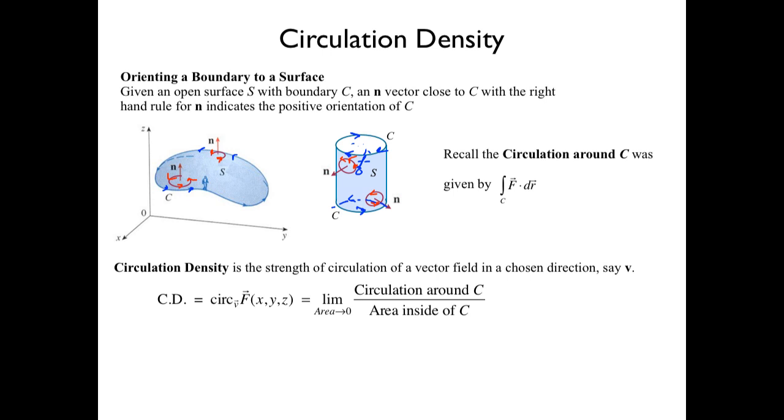So what does this mean? It means that the smaller your area, combined with the larger amount of circulation, would result in higher strength of circulation, right? Circulation density would be higher.